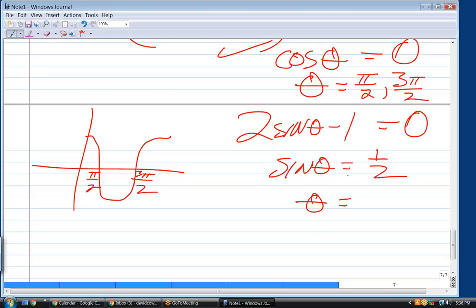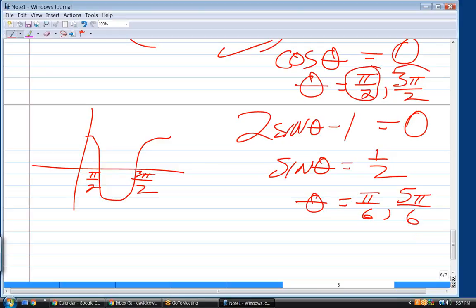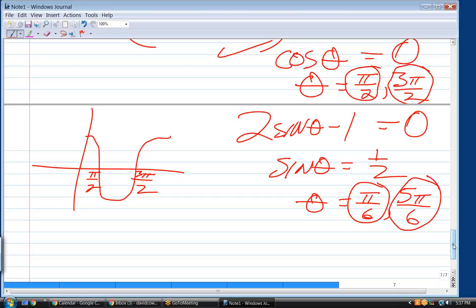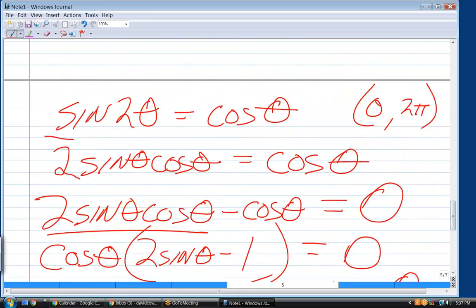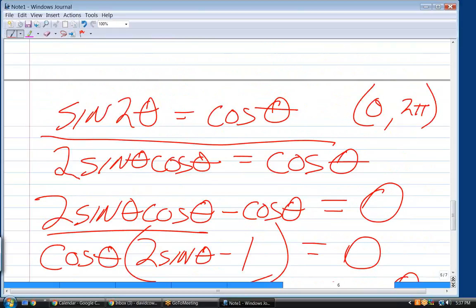That occurs at 30 degrees, which is pi over 6, and 150 degrees, 5 pi over 6. And that's it. So there's 4 solutions. If you plug any of those 4 solutions into your starting equation, it will be true.